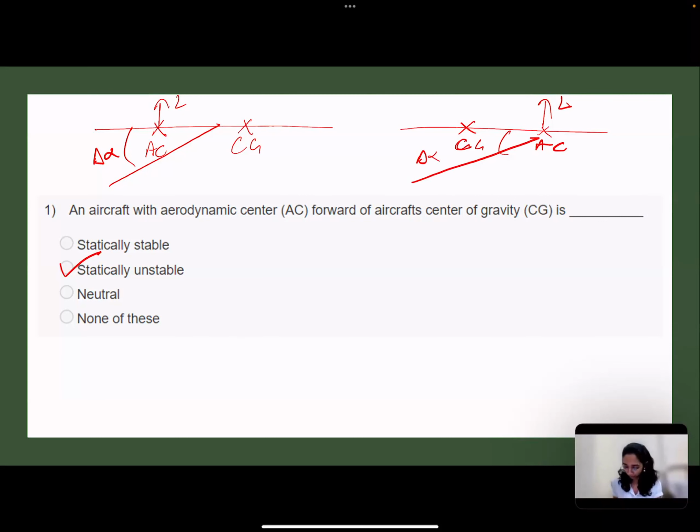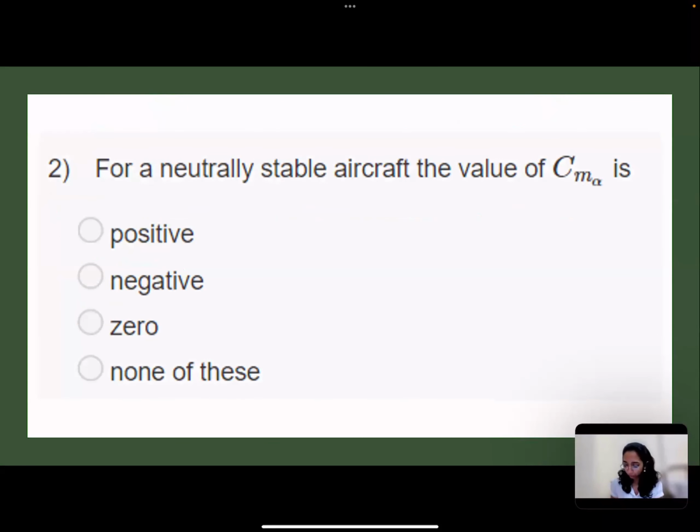Next. For a neutrally stable aircraft, the value of Cm alpha, that is dCm upon d alpha, what is the value for a neutrally stable aircraft? It's fairly simple. For a neutrally stable aircraft, Cm alpha is 0.